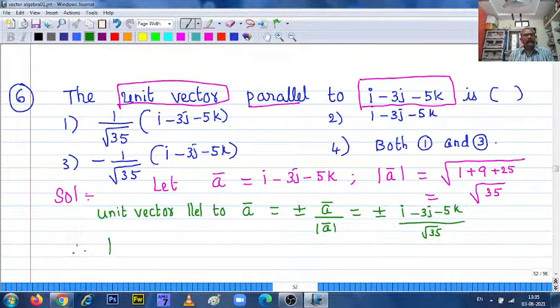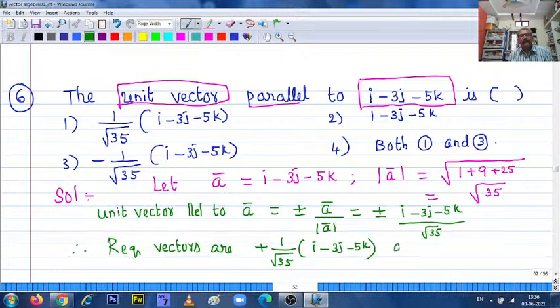Therefore required vectors are, so plus 1 upon root 35 into i minus 3j minus 5k, or minus 1 upon root 35 times i minus 3j minus 5k.